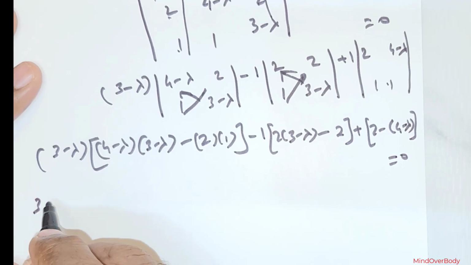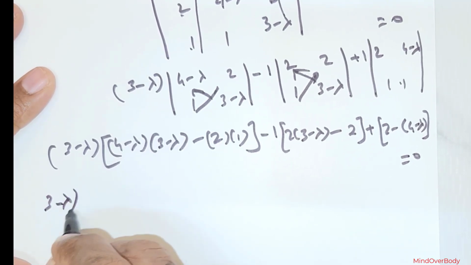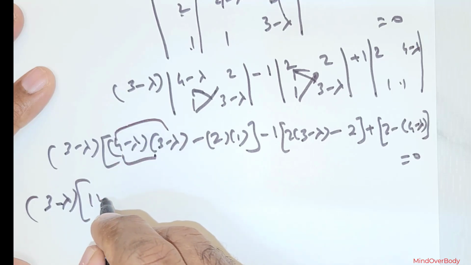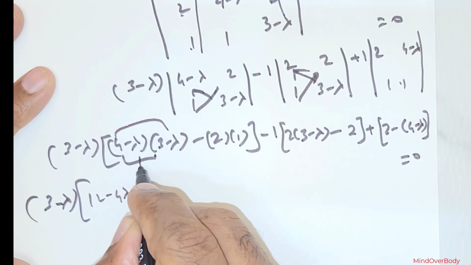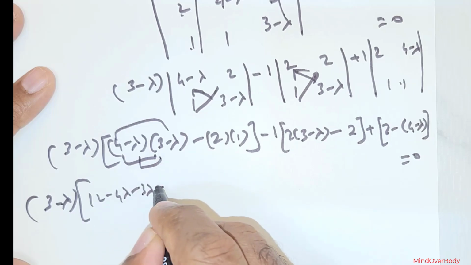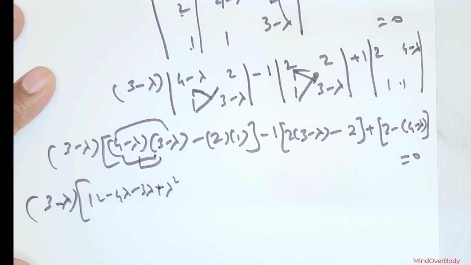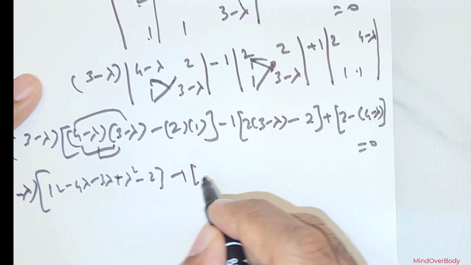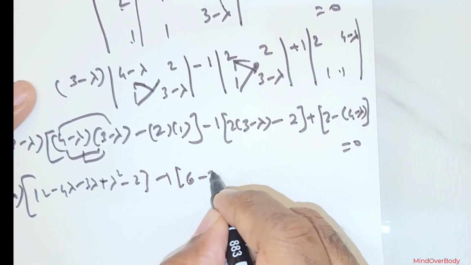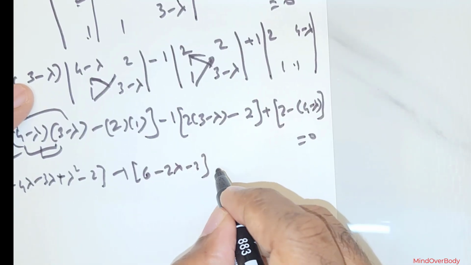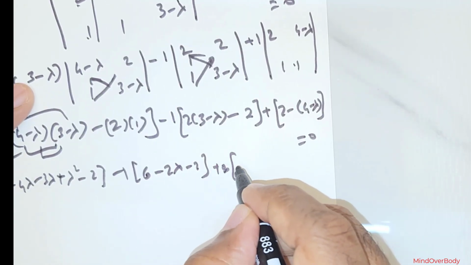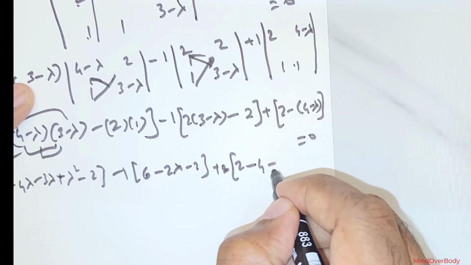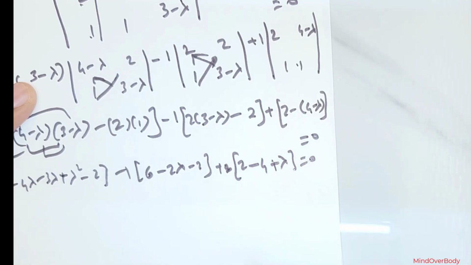So this is 3 minus lambda of 4 threes are 12, 4 into lambda, negative 3 lambda, positive lambda squared, negative 2, negative 1 into 2 times 3 is 6, 2 lambda, negative 2, positive of 2 minus 4 plus lambda is equal to 0.